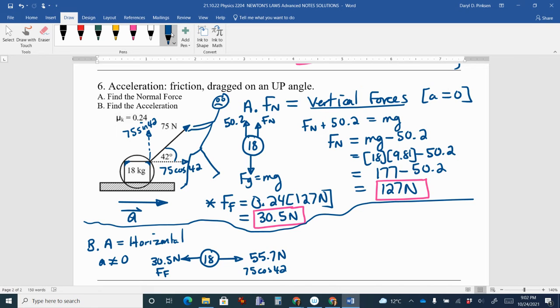One is required just to get the normal force, and then from the normal force to friction. And then I have a horizontal free body diagram in order to find the acceleration in the horizontal direction. So now my F net is going to be 55.7 minus 30.5. F net is ma.